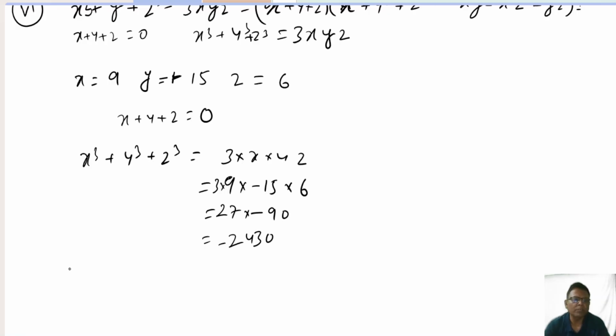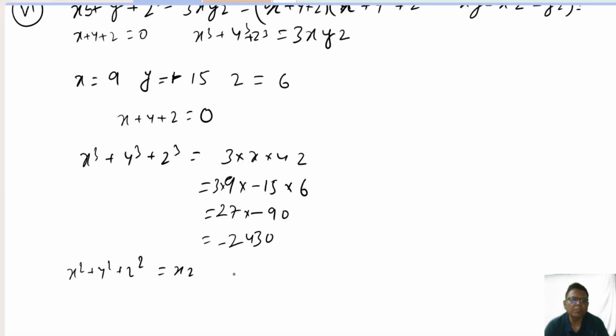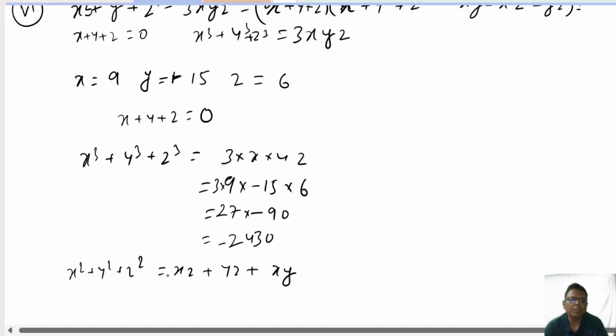Here this is also valid: if x square plus y square plus z square is equal to xz plus yz plus xy, then again x cube plus y cube plus z cube is equal to 3 into x into y into z.